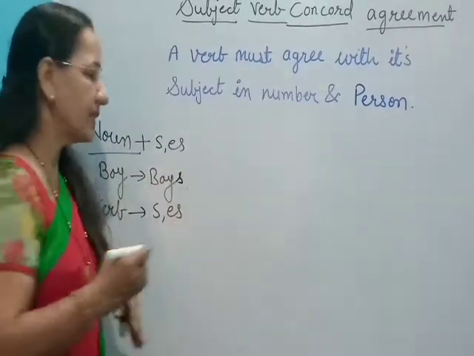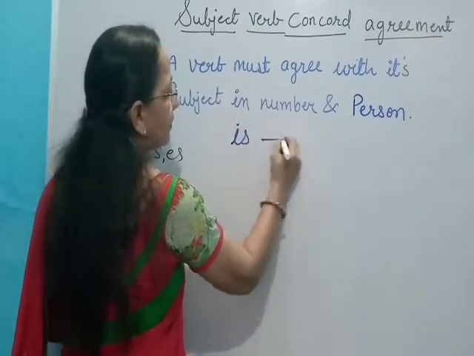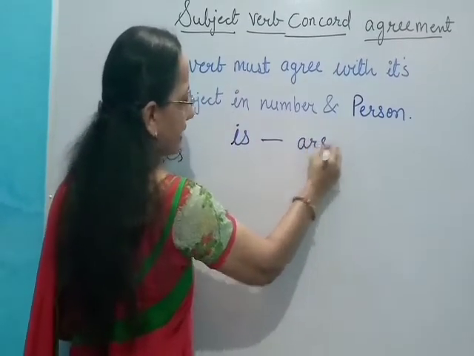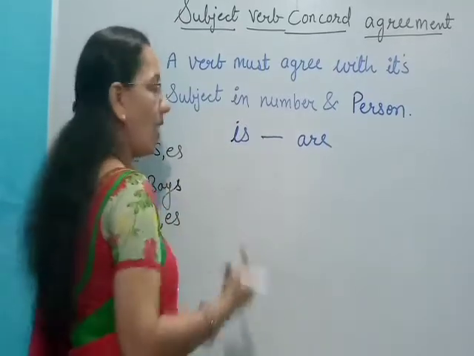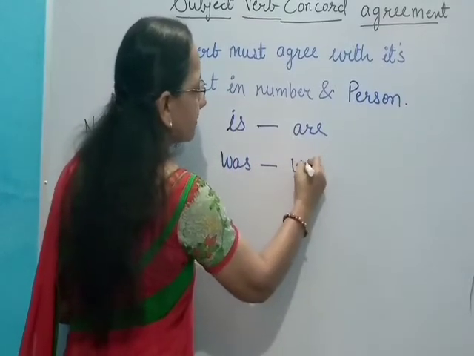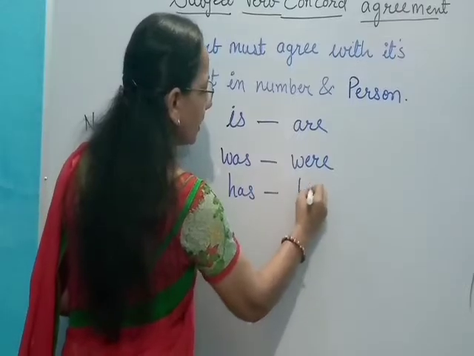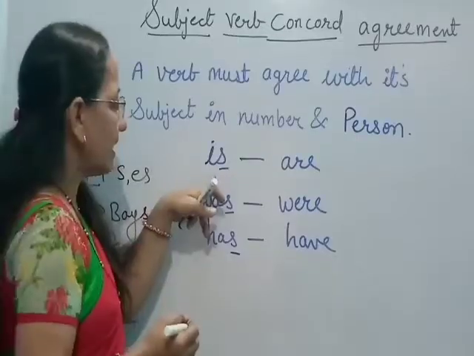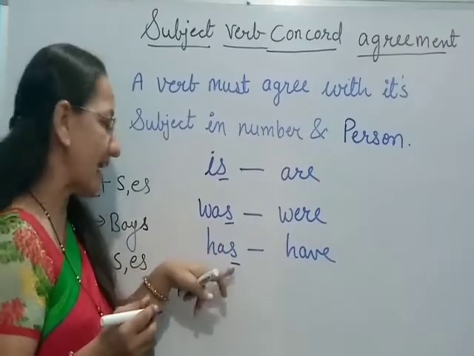Is will change into are. Is is the singular verb, and if you would like to make it plural, it will turn into are. Was will turn into were. Has will turn into have. Singular verbs always have s as the last letter, so you can remember it like this also.